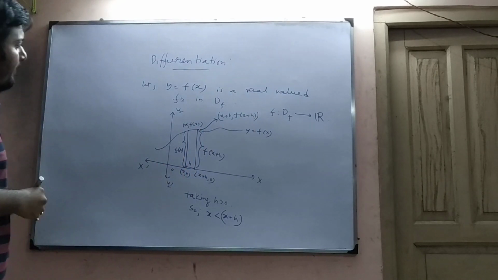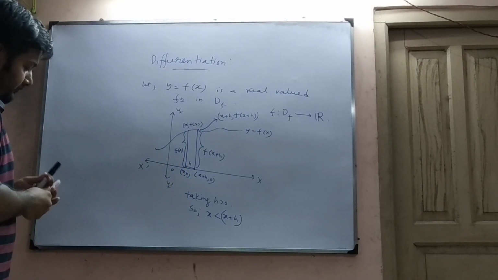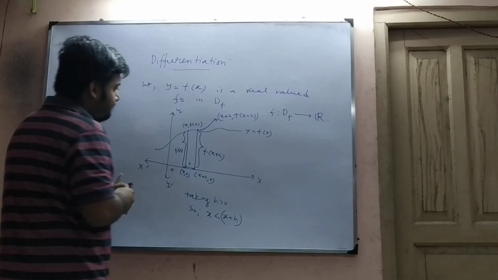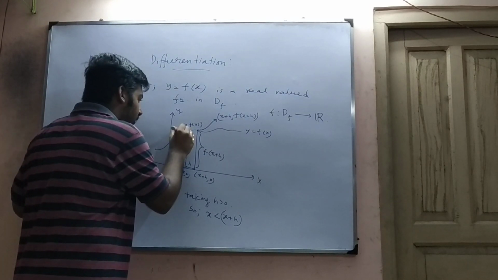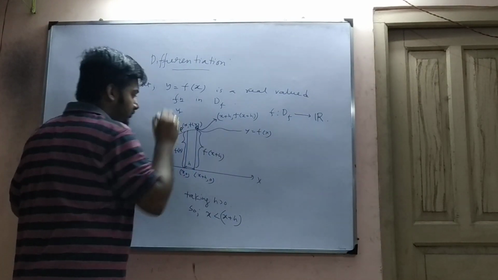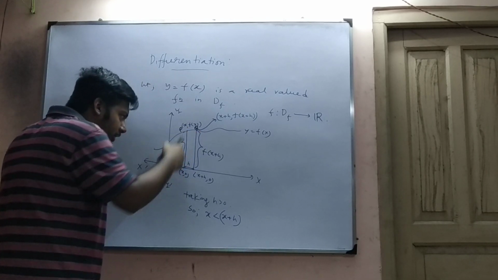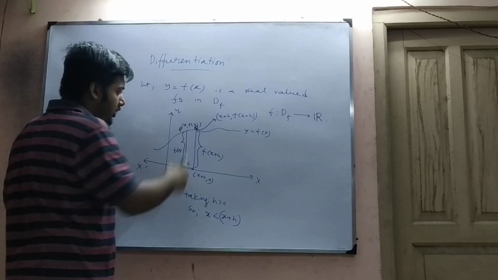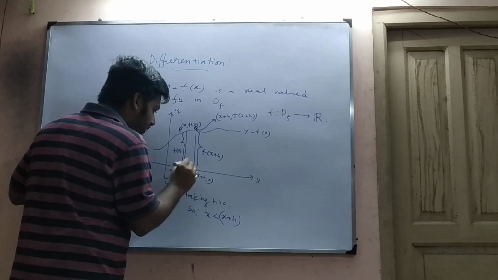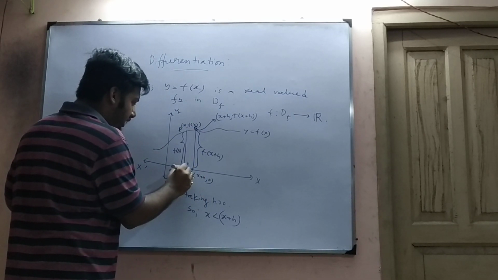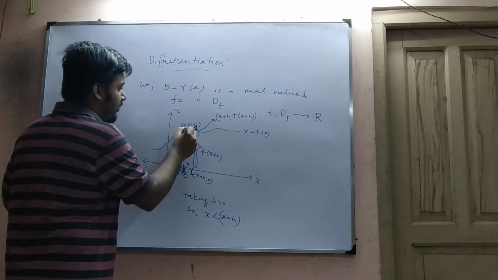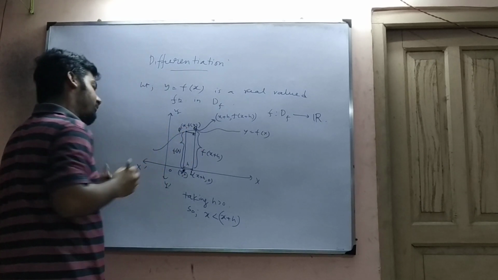Here, now this point is P, this point is Q. Taking a perpendicular from the point P on the line QL, that is PR, on the line QL, taking a perpendicular.